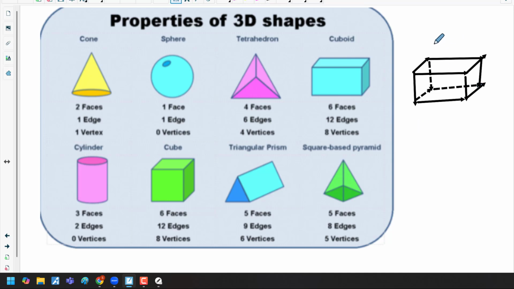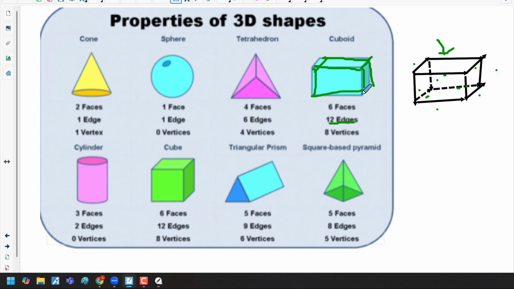So how many lines do you see? 1 line, 2 line, 3 line, 4 line, 5, 6, 7, 8, 9, 10, 11, 12. 12 edges. This is an edge. That 1 line. And another line, that's 2. Then that's 3. Then that's 4. Then that's 5, 6, 7, 8.